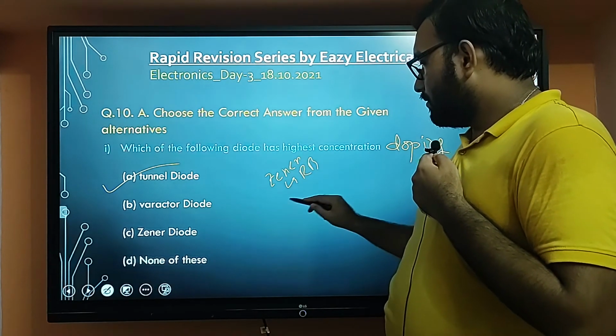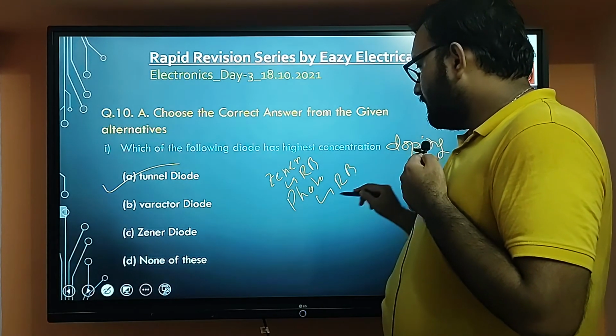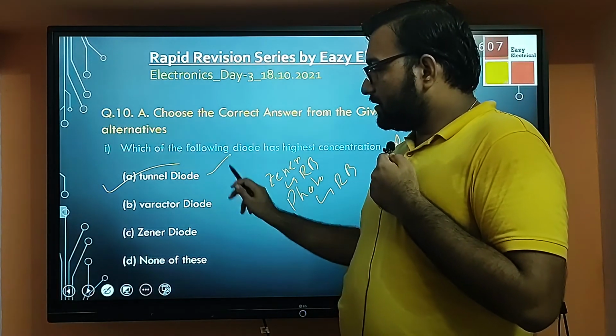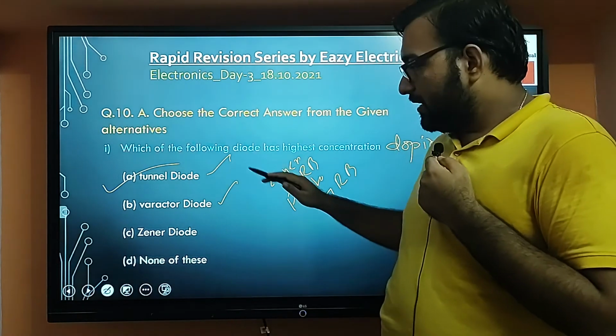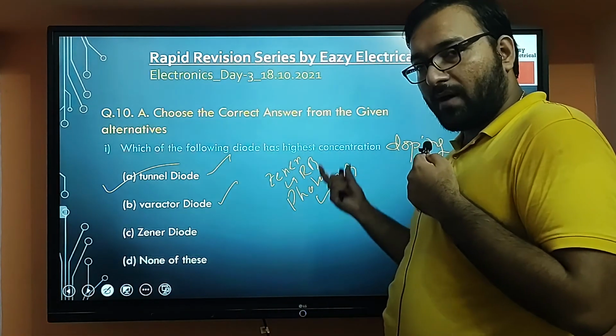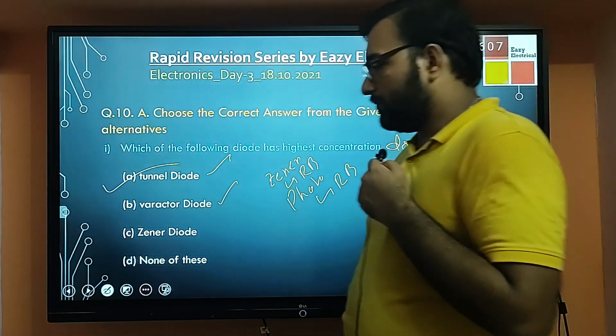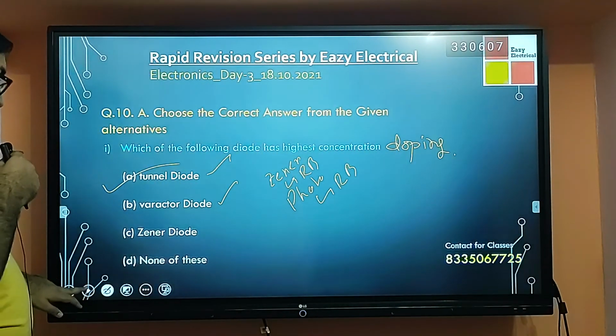Then the photodiode is operated in reverse bias, right? Similarly, in which bias is a tunnel diode operated, and a varactor? Zener you know. So just make a list of all of the diodes, and write the diode name and their bias in the comment section. That's your homework for all of you who are watching.